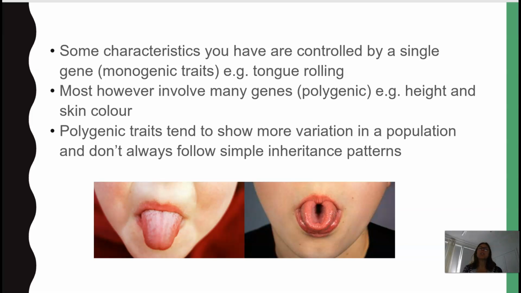Some characteristics you have are controlled by just a single gene, and we call those monogenic traits. There are some that involve multiple genes. It's not just one gene on one chromosome; it could be a number of different genes everywhere. One of the most common ones that we do in class is the rolling of the tongue. This is a monogenic trait, just one gene, and I thought everyone in my family could do this. My husband can, I can, and my two older children can.